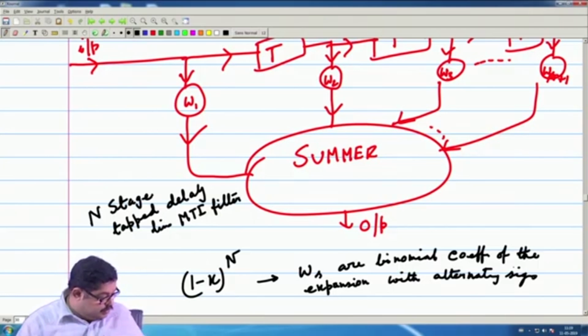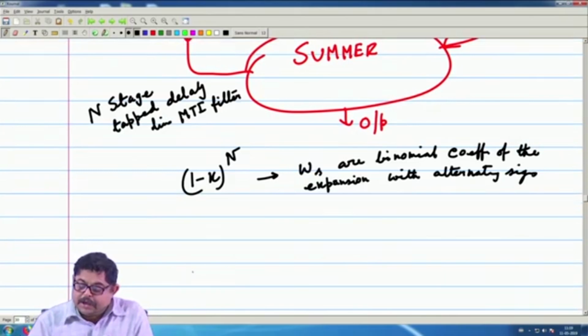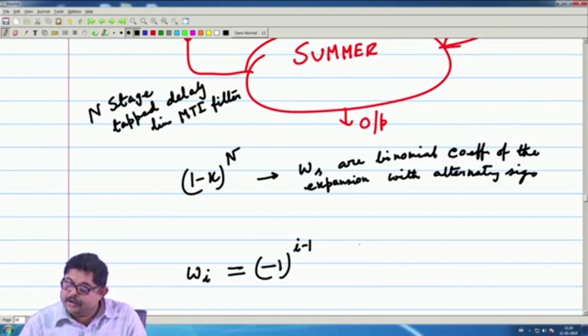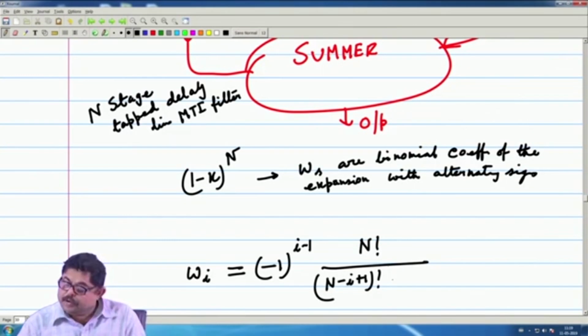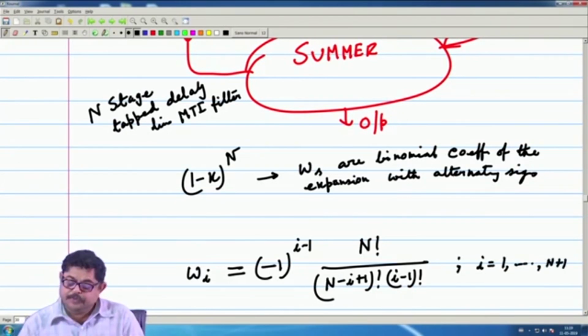So, that means we know the binomial coefficients. So, I can write that Wi is (minus 1) to the power (i minus 1), this will make it alternating, and n factorial by (n minus i plus 1) factorial into (i minus 1) factorial, where i is equal to 1 to n plus 1.